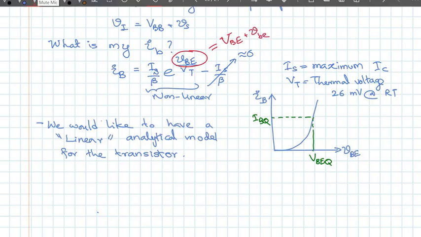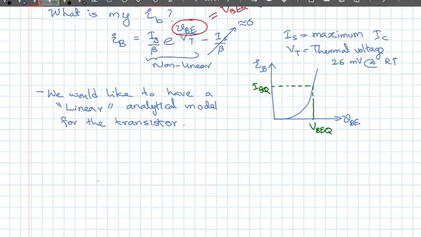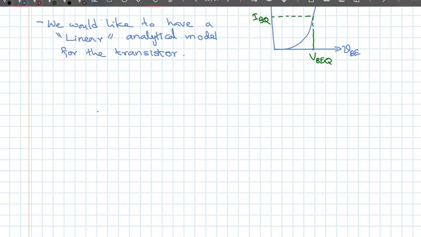Okay, so let me use VBEQ plus AC and DC components. So let me use that here. So IB is equal to IS over beta, which is a constant, times e to the power VBEQ plus vbe divided by VT.